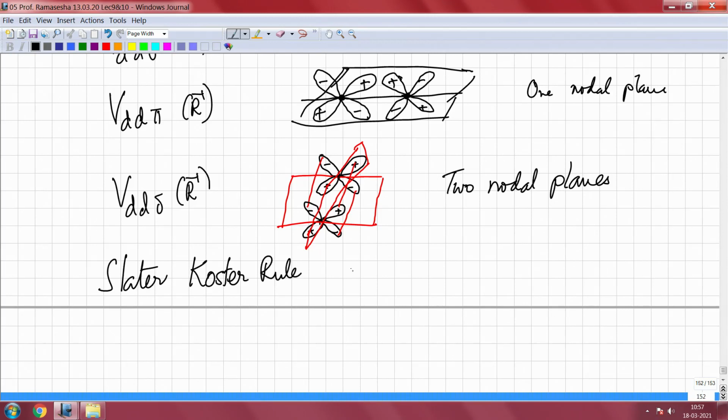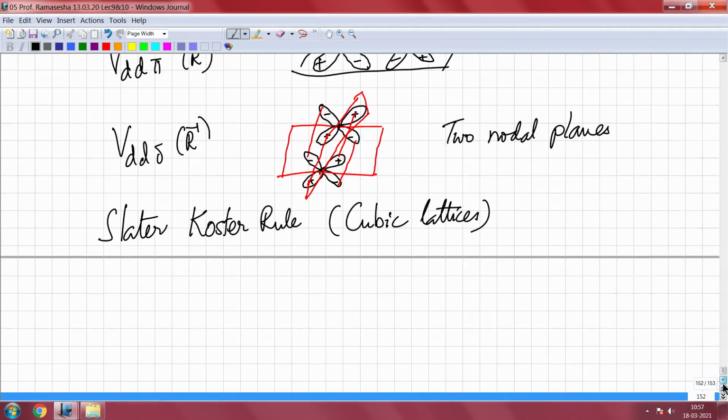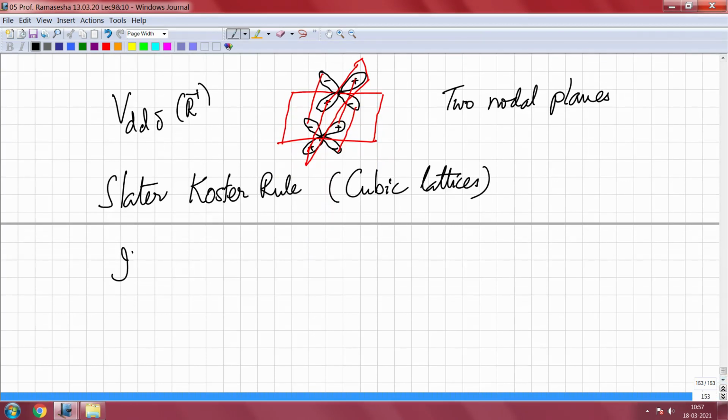Now, what the Slater-Koster rule says is the following. They obtained it for cubic lattices. It is possible to do it for others. It says that if R is the internuclear vector, let me draw the diagram.